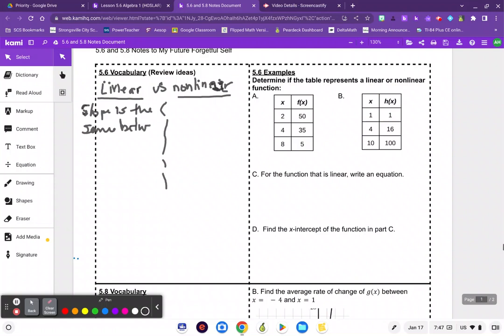Versus nonlinear would mean that the slope is not the same between any 2 points.